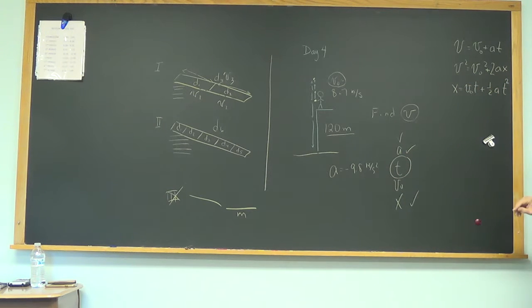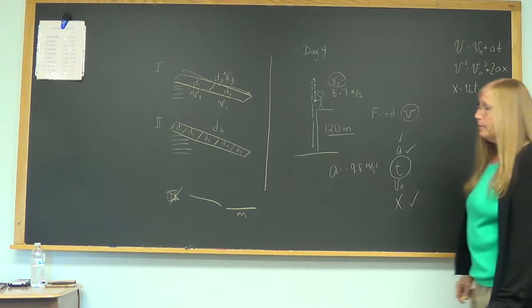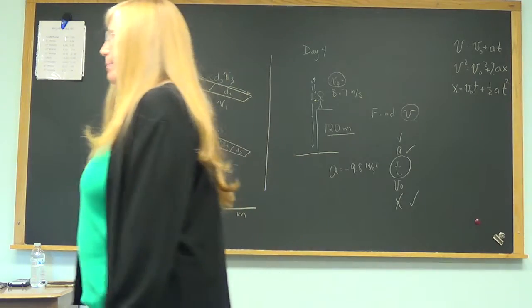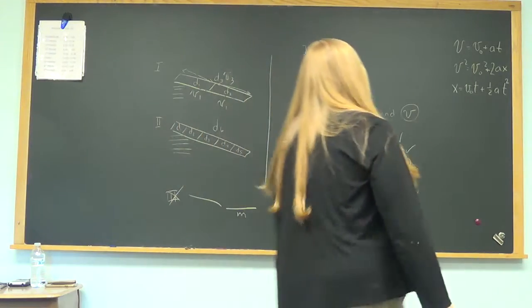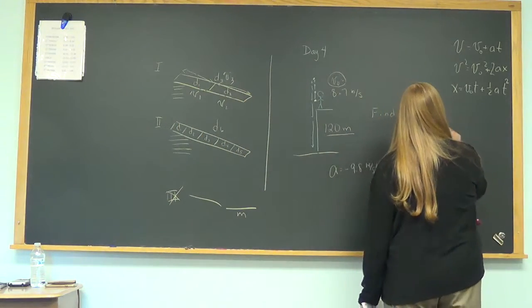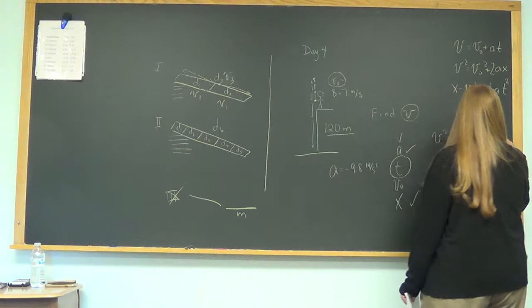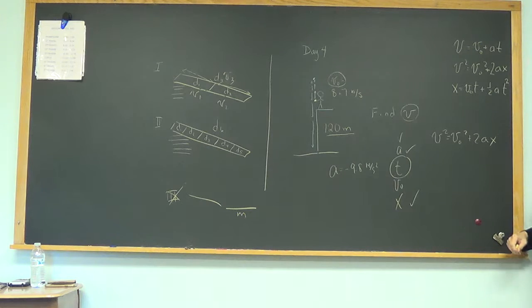We found it. Time. So then, Drew, which of these equations shall we pull out of our hat? Which one? Which one has no time in it? Very good. All right. So go ahead then, with that aid, and put in the values.